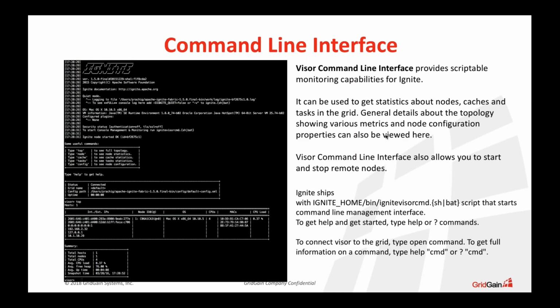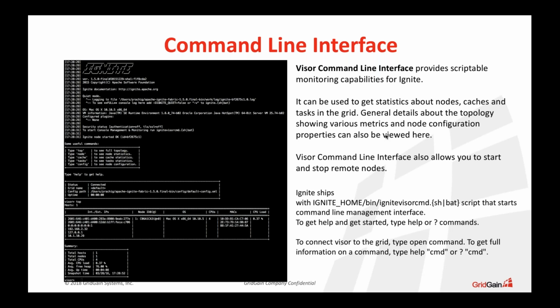Visor command line interface provides scriptable monitoring capabilities for Ignite. It can be used to get statistics about nodes, caches, and tasks in the grid. General details about the topology show various metrics, and node configuration properties can also be viewed there. A very important note: Visor command line connects to the grid topology as a server node by default.